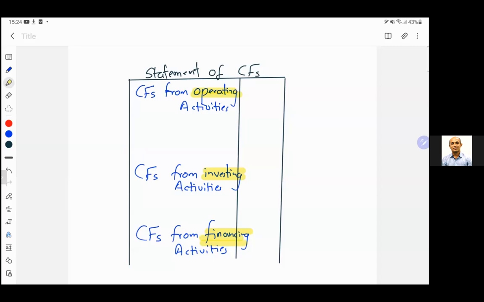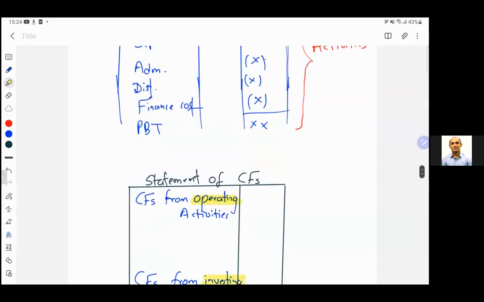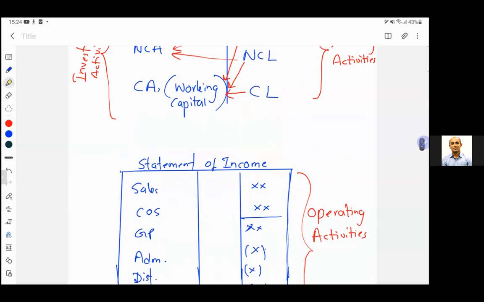Now you see logically, financial statements reflect three types of activities: investing, operating, and financing.